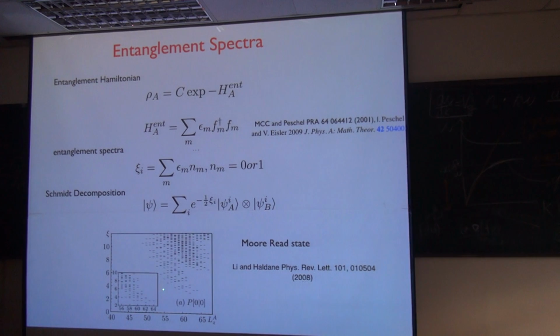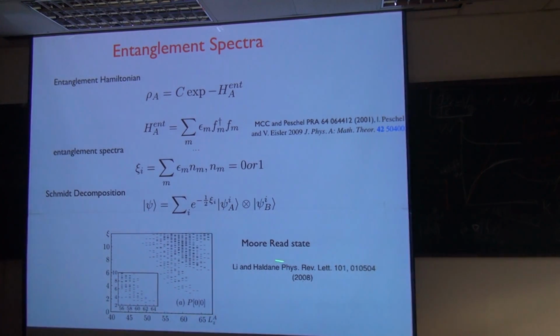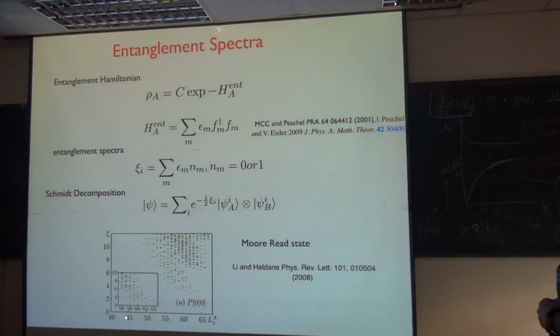If you have a topological system, your entanglement spectrum has, in the low-energy excitations, a copy of the exact Hamiltonian, the Moore-Read Hamiltonian of the fractional quantum Hall effect. So it can be used to identify whether the system is topological or not.